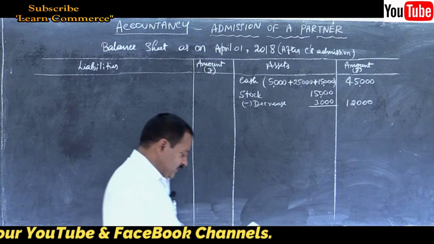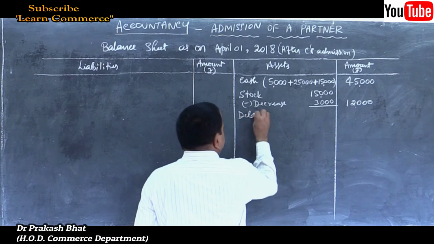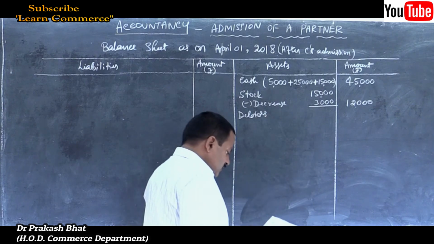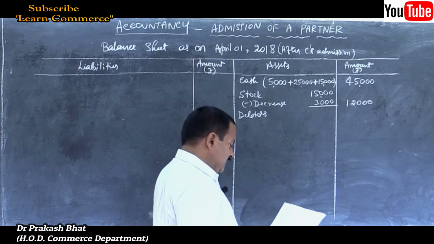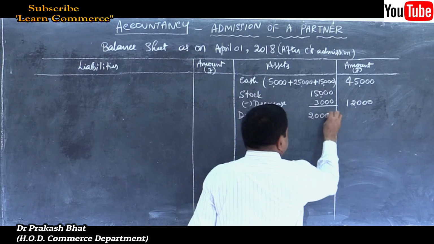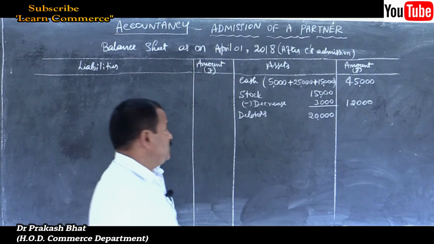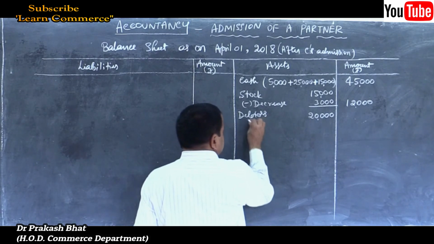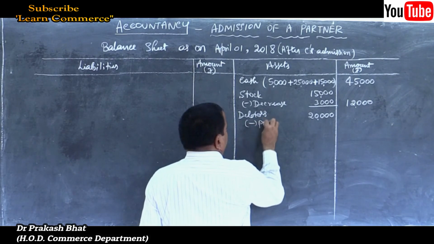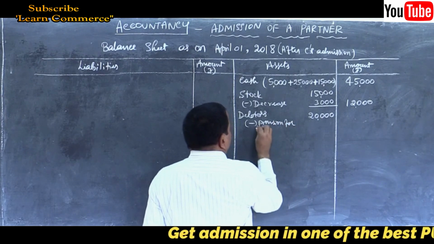Then debtors, there is a change. Write the old value 20,000. Is there increase or decrease? There is a decrease because there is a provision to be created. Minus provision for doubtful debts.